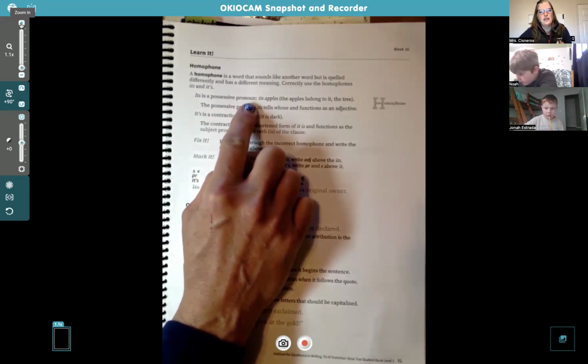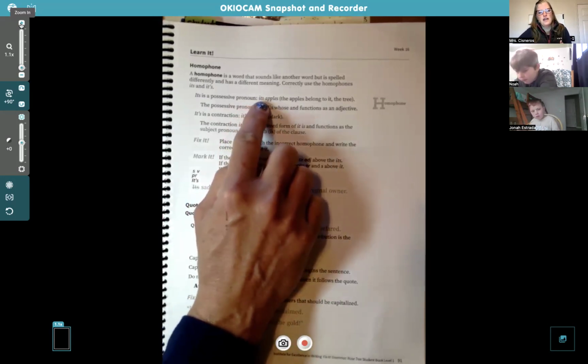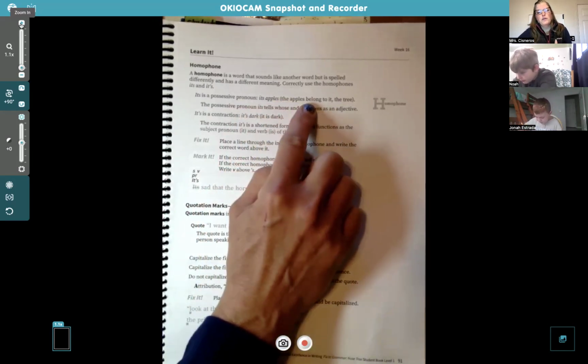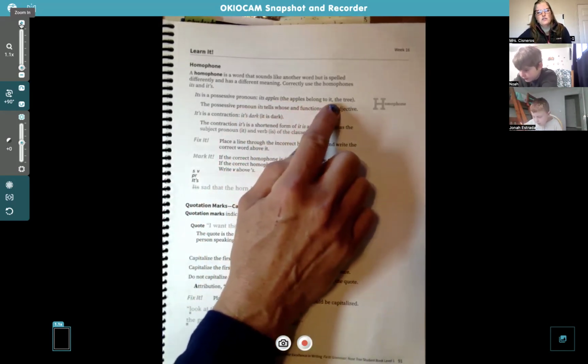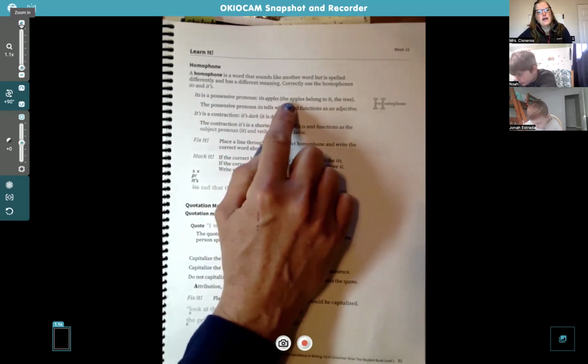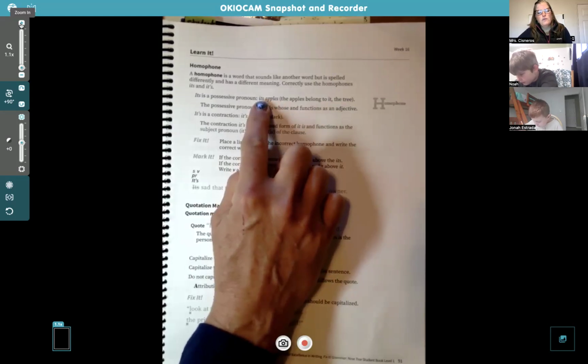So we call those it when we use a pronoun. But if I just have its apples, the apples belong to it, which is the tree, right? Because trees are not boys and girls, right? They're a thing. So its apples without the apostrophe means it's a possessive adjective.